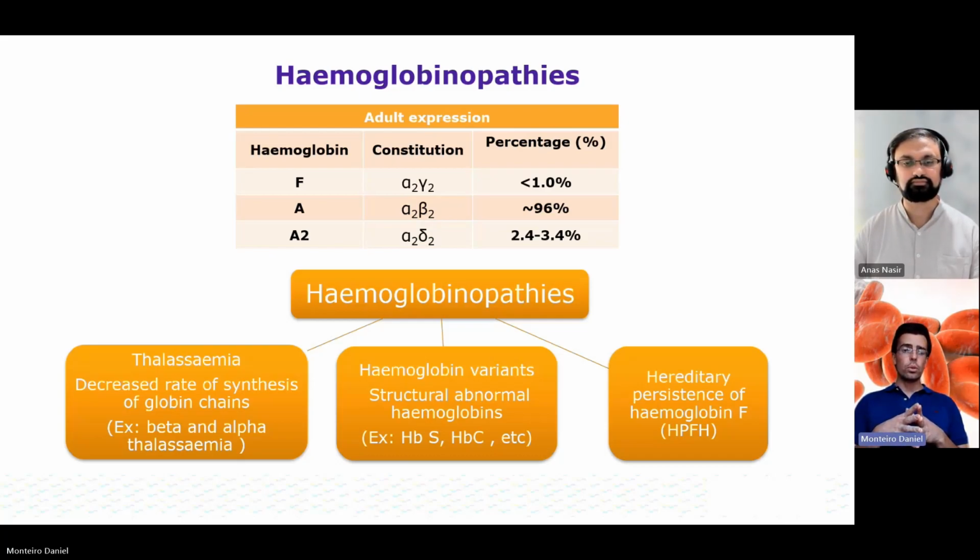It's going to do all the functions which are essential for life that we already discussed. Hemoglobin A2 is really small compared to the other ones. So it could even be argued it doesn't really have a physiological function in the body. However, it's quite important for diagnostic purposes. So especially in the laboratory, when we are diagnosing carriers of certain haemoglobinopathies or even diseases, hemoglobin A2 is quite important.